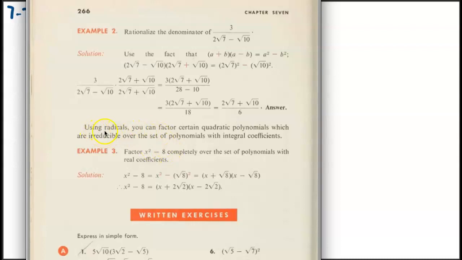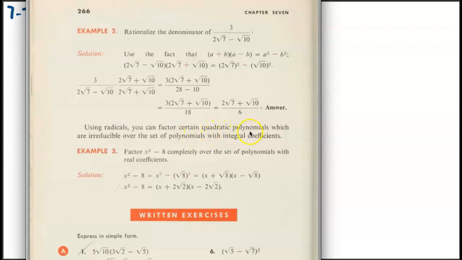Then it says here, using radicals, you can factor certain quadratic polynomials which are irreducible over the set of polynomials with integral coefficients. What? Let me read that again. That's like I just said a bunch of words. Okay, so we know what radicals are, right? That includes a radical sign. You can factor certain quadratic polynomials, right?